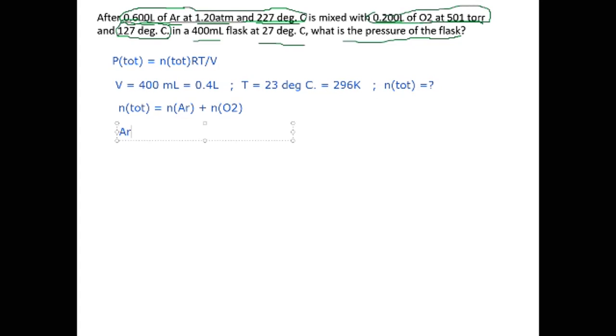So for argon, volume is 0.600 liters, pressure 1.2 atmospheres. Both of those are in the correct units. Temperature, 227 degrees Celsius, is 500 Kelvin.